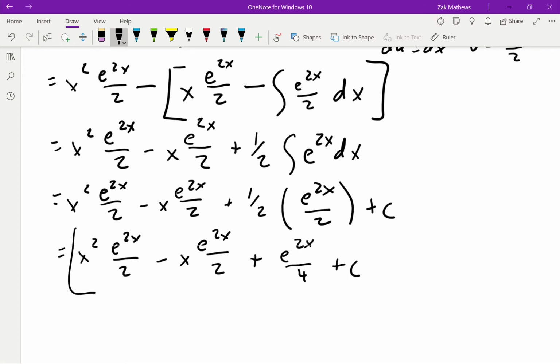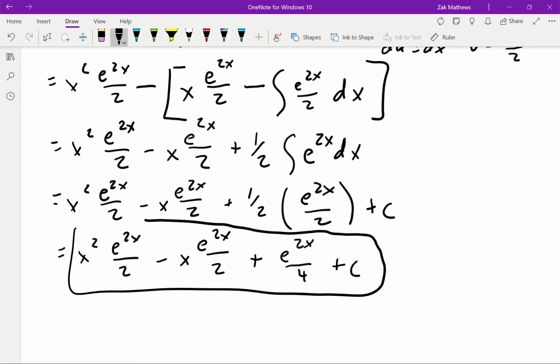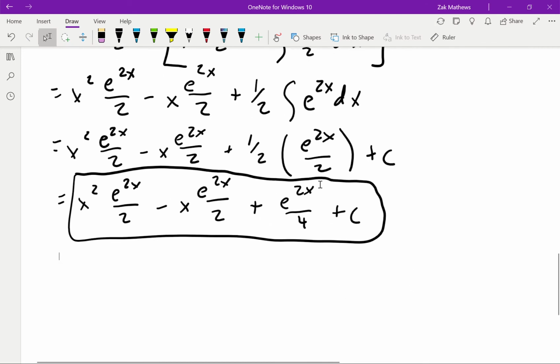And so there is our integral, our antiderivative. Notice that we cannot simplify any of these terms. We have the x squared, we have the x, and we have the constant. All right, so let us move on to another example.